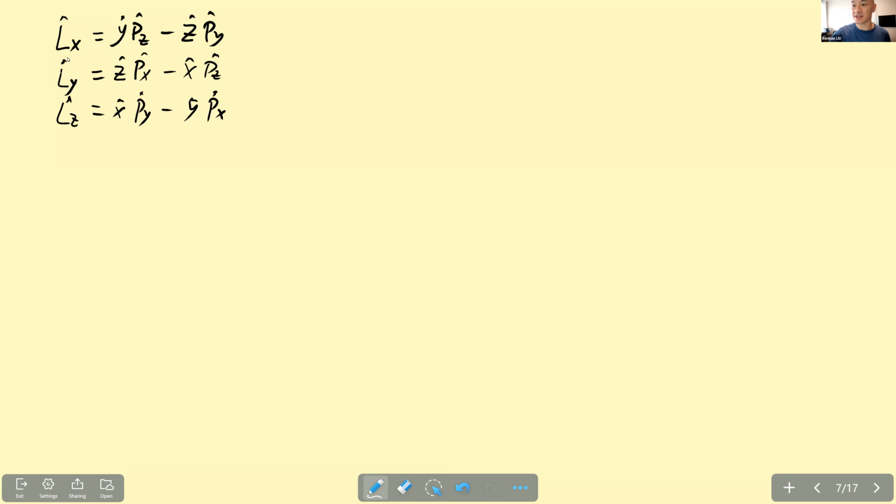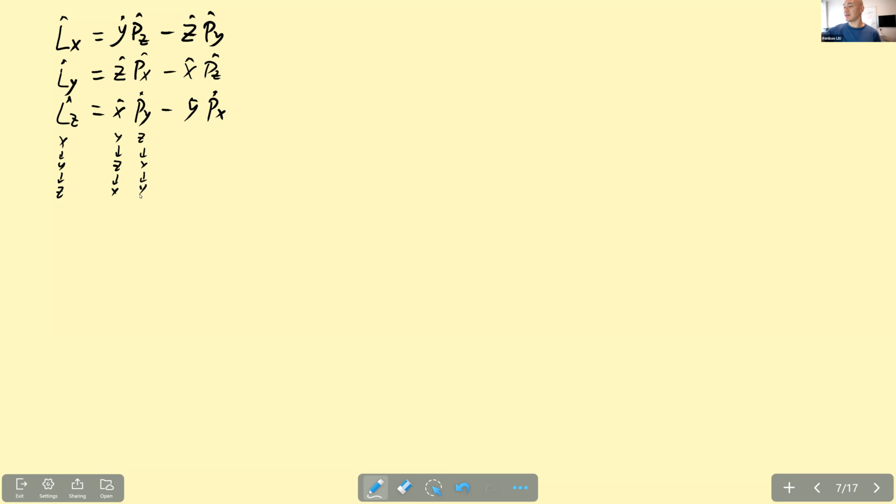Okay. So there's a nice cyclical property. You can see that in this one, x goes to y and goes to z. In this one, y goes to z and goes to x. And in this one, z goes to x and then goes to y.